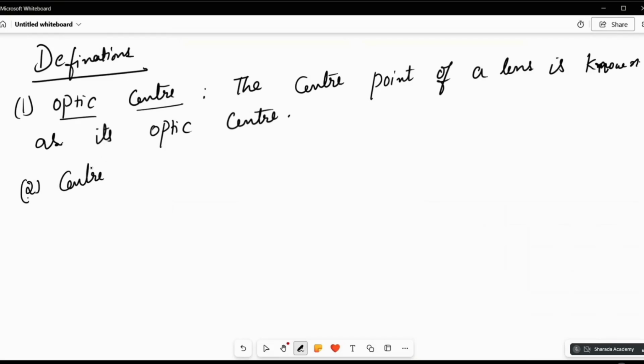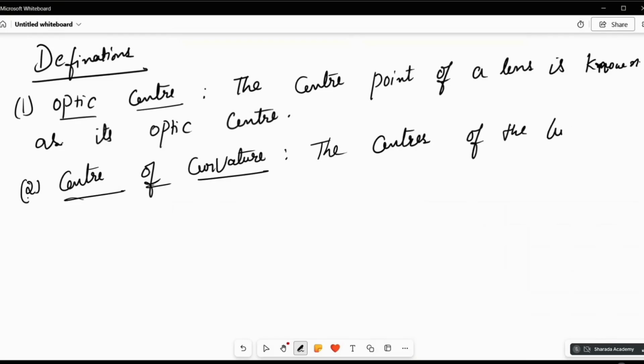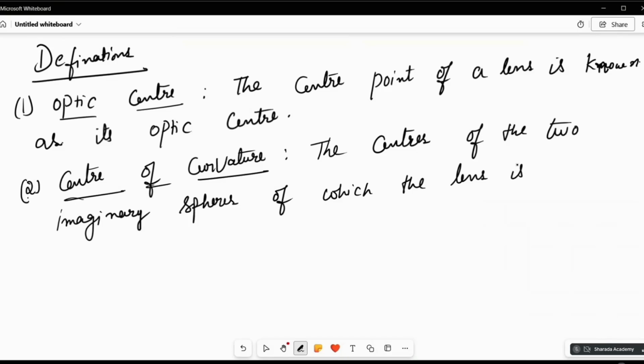Next, center of curvature: the centers of the two imaginary spheres of which the lens is a part are called centers of curvature.